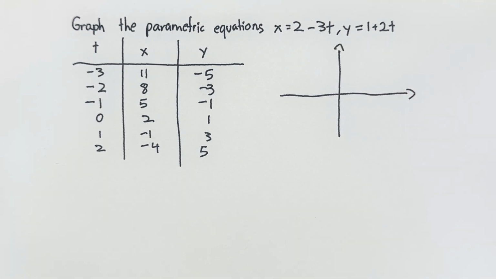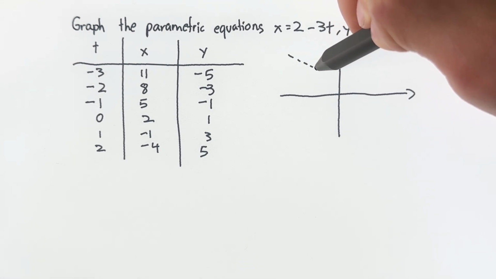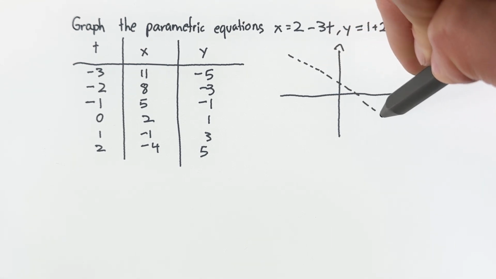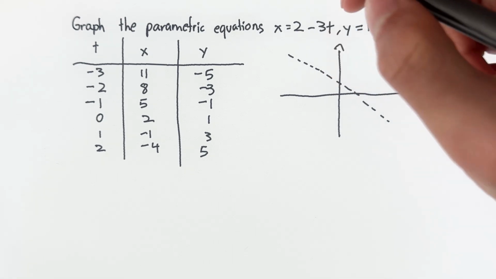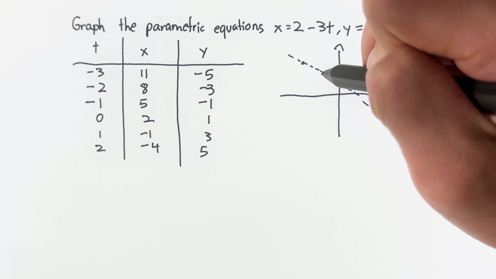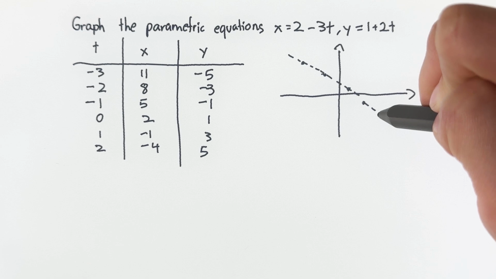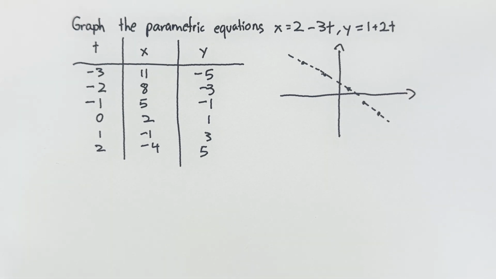After plugging the points, you'll find that the points on the graph look collinear. So it looks like the graph of the parametric equations is a line.